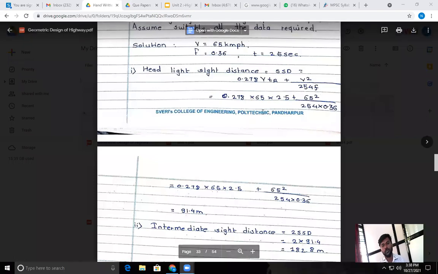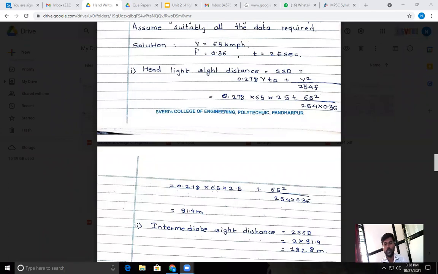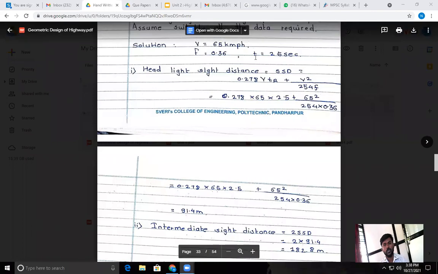If you have the right answer, then no problem. If your answer is wrong, please check where you made the mistake. If the f value is taken as 0.35, no problem at all. You can take the value of f from 0.35 to 0.4. If that value is not specified in the problem, then you can take it from 0.35 to 0.4.